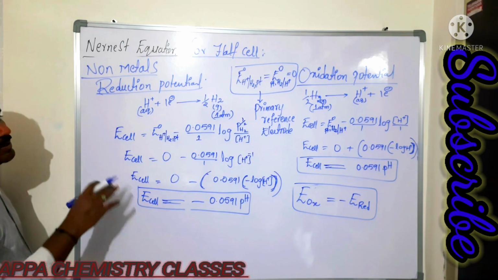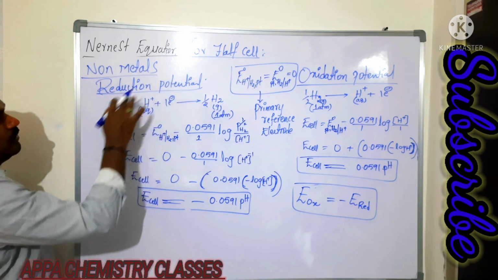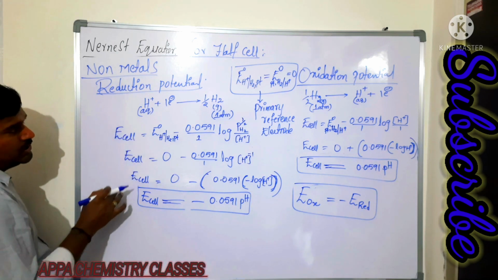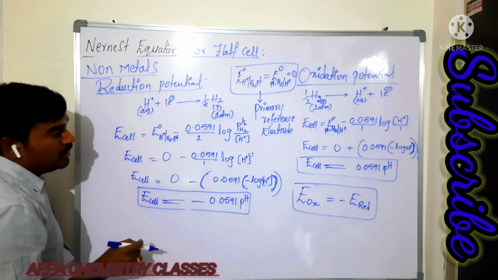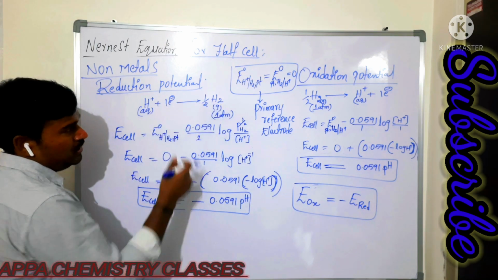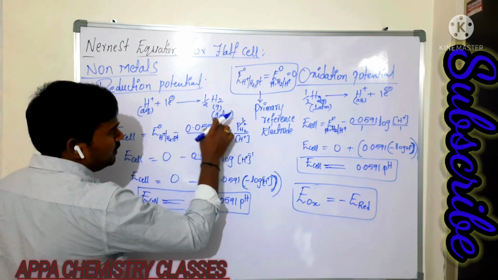Now let's see how to apply the Nernst equation for non-metals. For a non-metal undergoing reduction, I am taking hydrogen as the non-metal. The H⁺ ion gains 1 electron and is converted to hydrogen gas. This hydrogen gas I am taking at 1 atmosphere pressure.